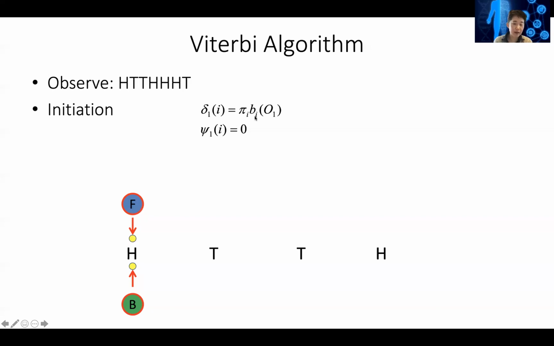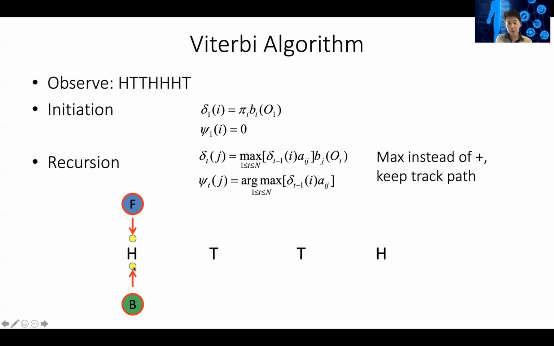These two multiplied together give you this delta number. We also look at the delta for the bias coin, where you pick this coin to start with and emit a head based on the bias coin using the emission probability.